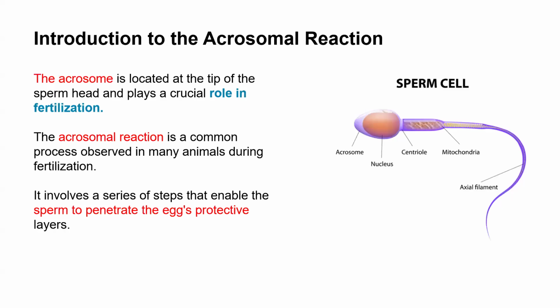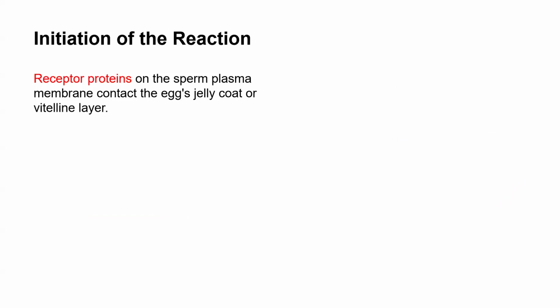So now, initiation of the acrosome reaction: there is a receptor on the sperm plasma membrane, and this receptor contacts the egg's jelly coat or vitelline layer. So that is what you call an egg jelly coat or a vitelline layer.